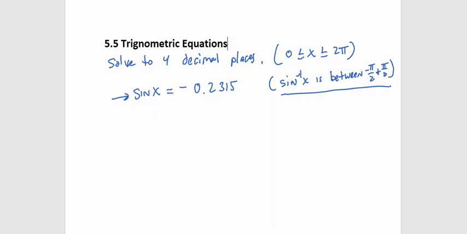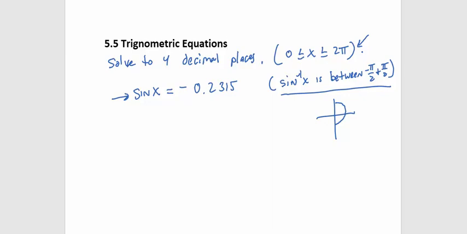So when you use your calculator to get an answer here, it's going to spit out an answer somewhere between negative pi over 2 and pi over 2. And what we want to do then is translate that answer back to our domain here, which is that x has to be between 0 and 2 pi.